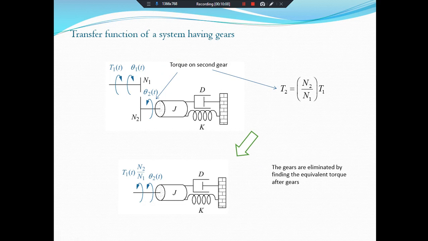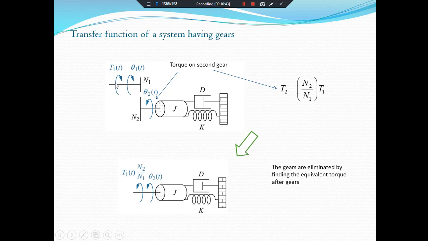Now we have this example, a transfer function system with a gear. This is the input shaft. We have applied the torque here, and it moves through the angle theta 1, and N1 is the number of teeth. Basically, it's a gear. This is the input gear, and this one is your output gear. We have just shown it with a straight line, and we have written N1 is the number of teeth on the input gear and N2 is the number of teeth on the output gear.